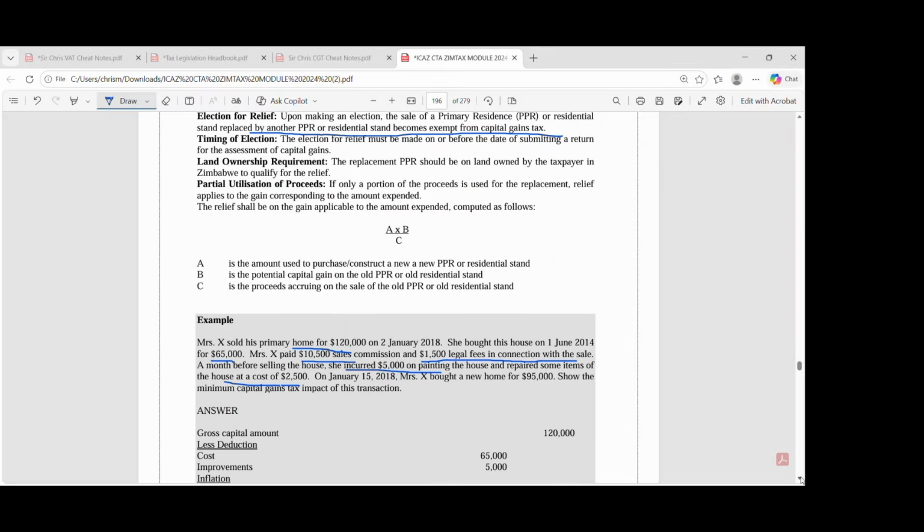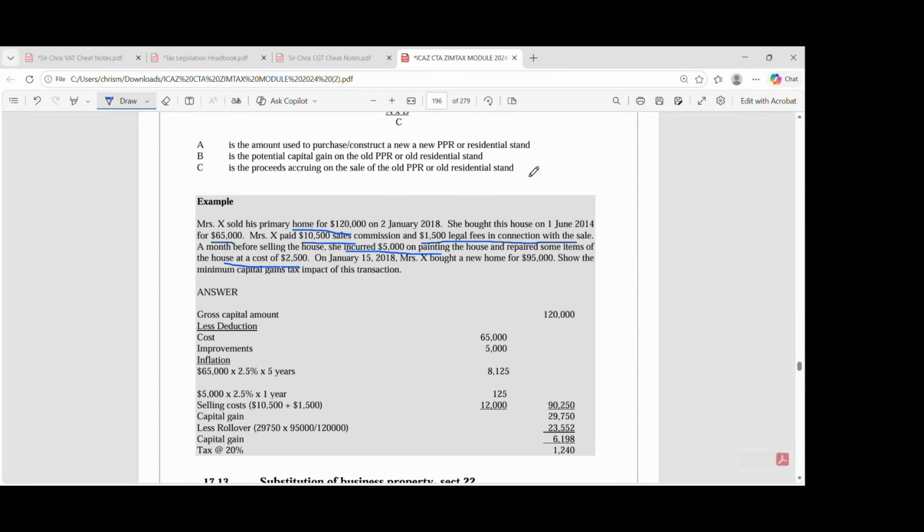So if you take how they came up with the solution, we start with the 120. There is no recoupment, there is no exemption. We less cost, which is your whole 65,000. You don't claim capital allowances because section 16 of the income tax prohibits it. Then there is the 5,000, which is improvement, as Bex said. But the 2.5 is not included because section 16 says no deduction is allowable when you are maintaining yourself.